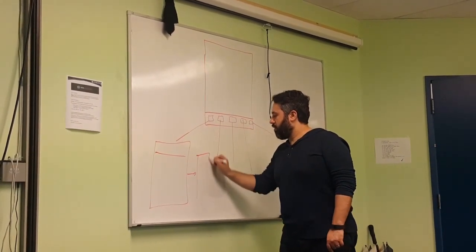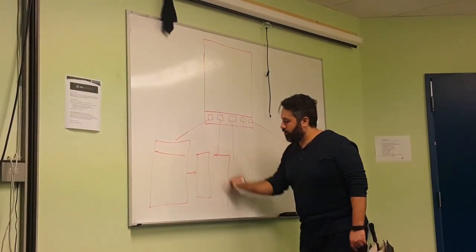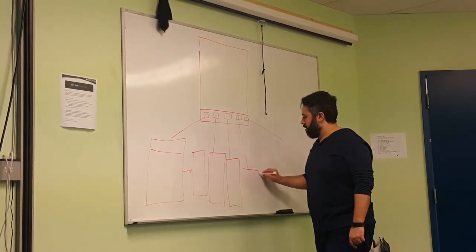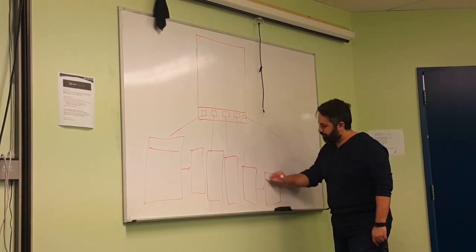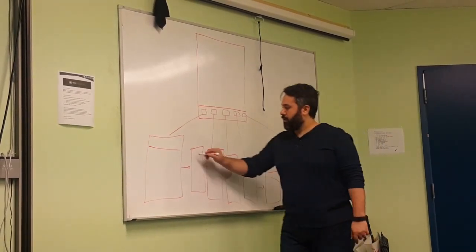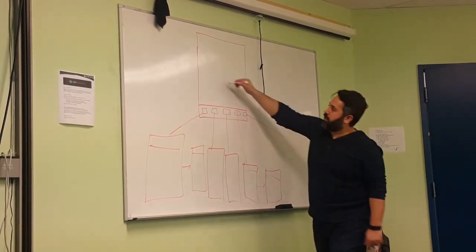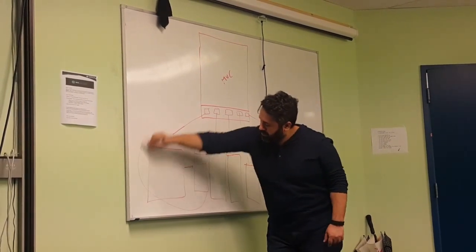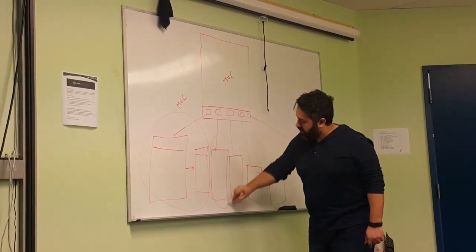Then, for instance, this is going to be a navigation view controller to another view controller. It could be simply a view controller. The other one, this one could be a view controller. For instance, this one is a navigation view controller. So you can assign it: this is one MVC, this is another MVC.